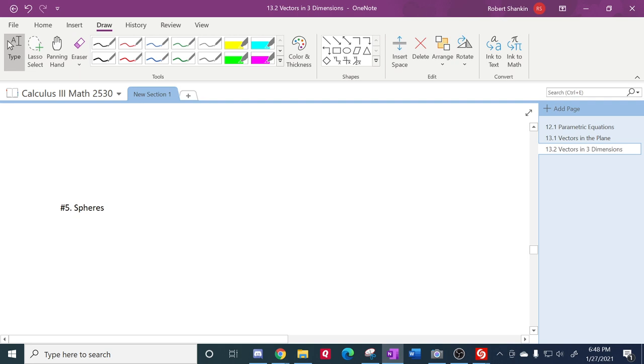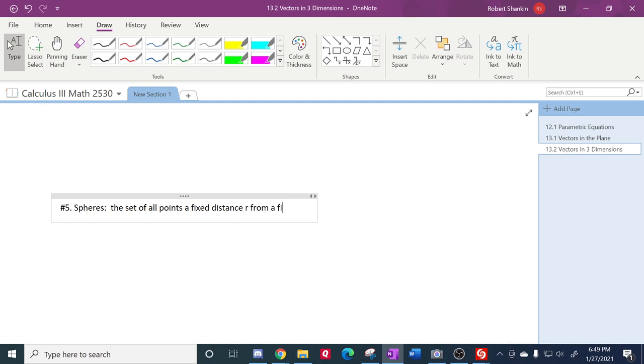It's a set of all points in space a fixed distance, which could be r, from a fixed point, which could be h, k, l.